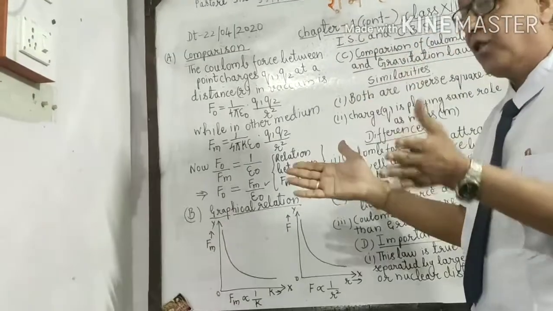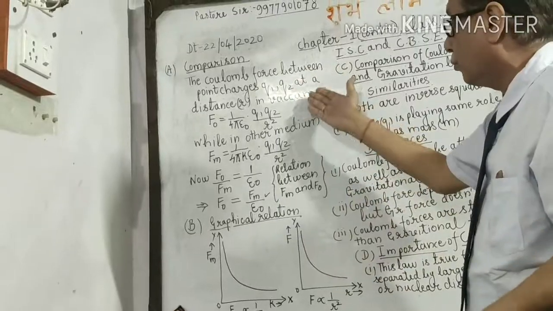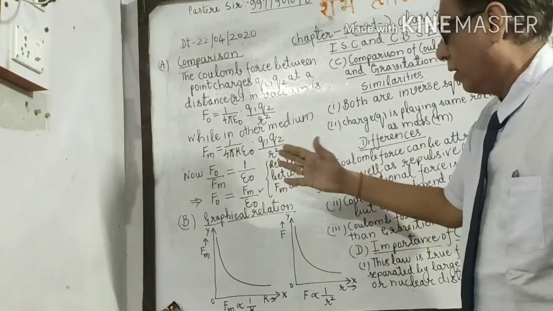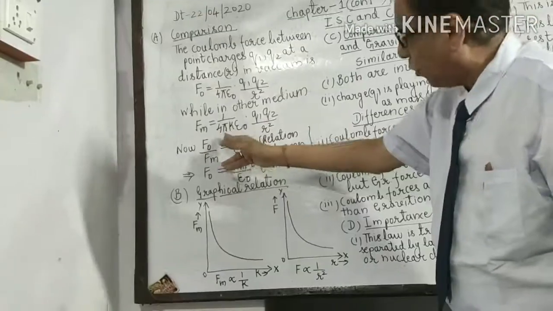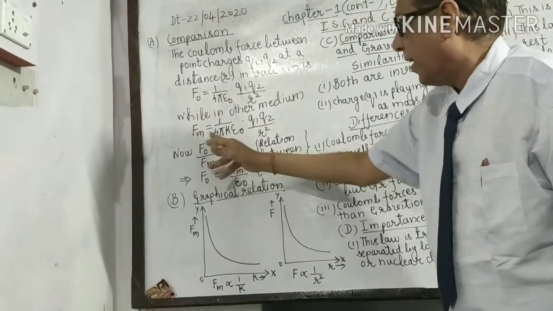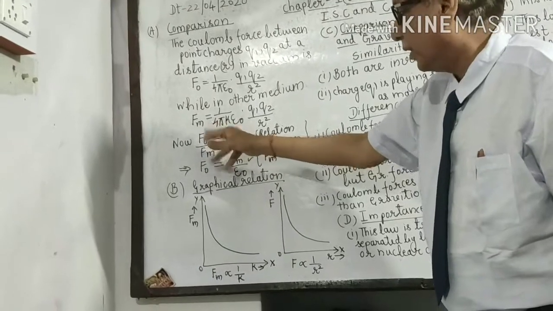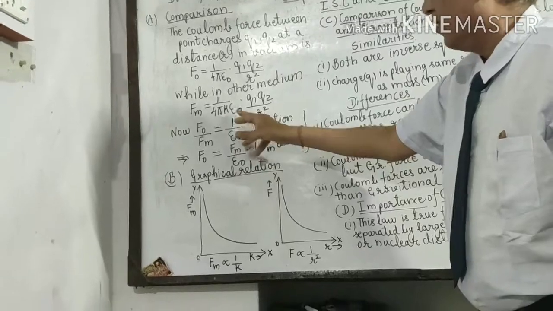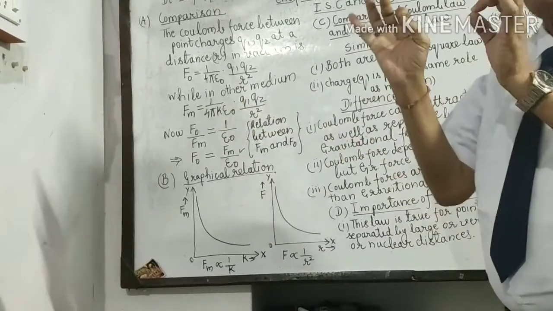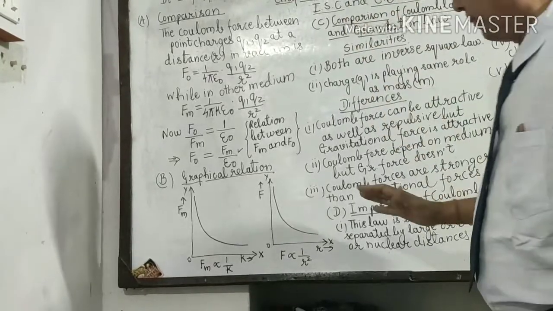When the same charges at the same distance r are kept in a medium other than vacuum, we have also calculated this. Fm means force in medium, 1/4 pi k epsilon naught, where k is the dielectric constant of that medium, which I have already explained. Q1, Q2.